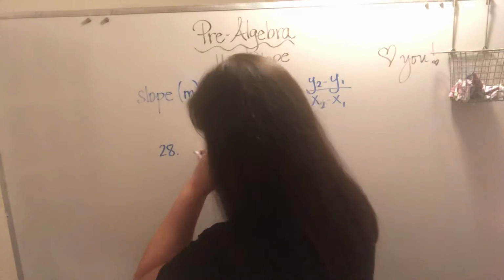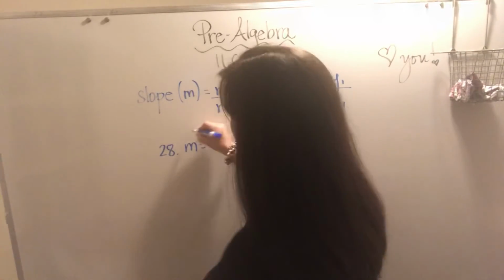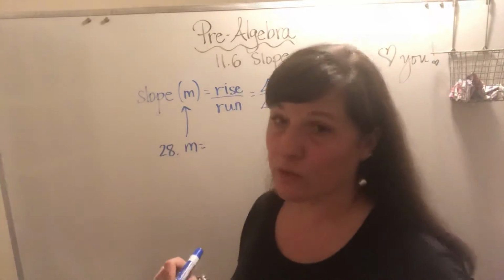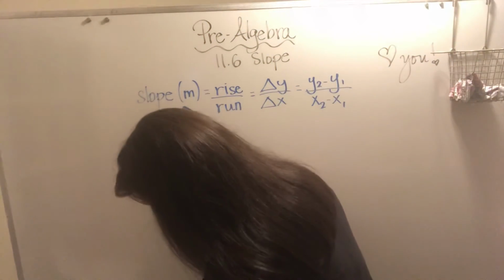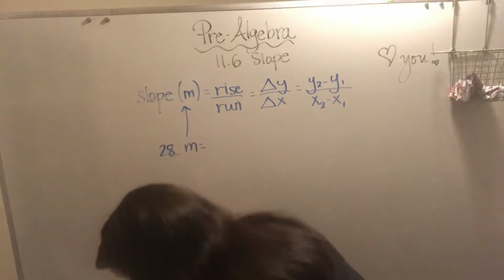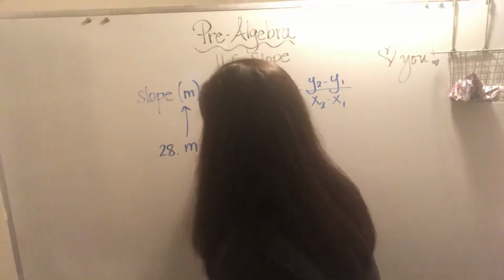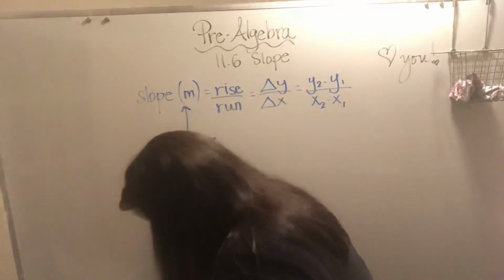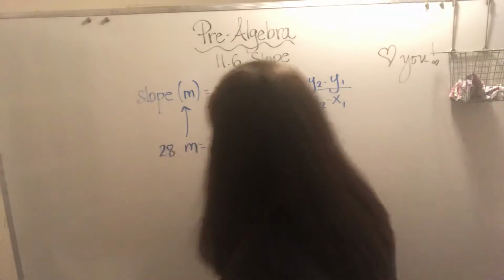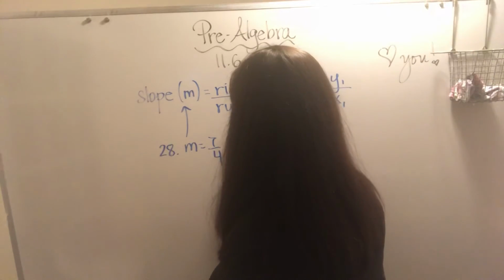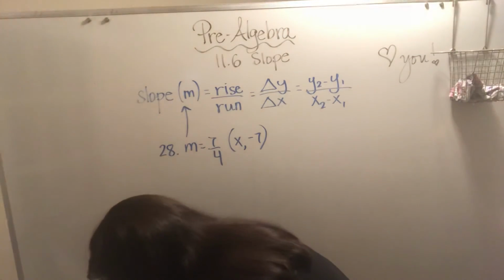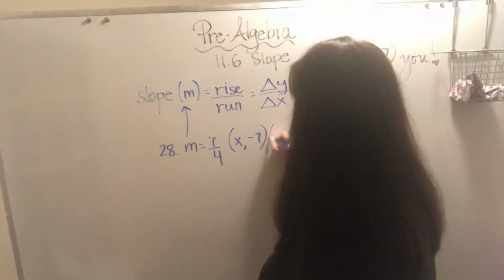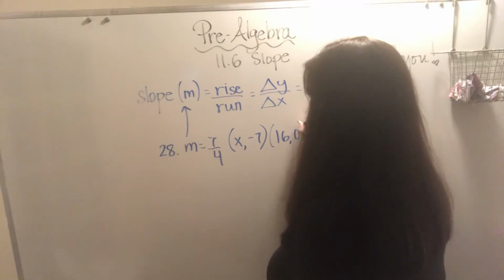So it says, all right, M, which remember, stands for slope, is 7/4. And then it gives my coordinates. I don't know this one, but my y is -7. And my other coordinate is 16, 0.